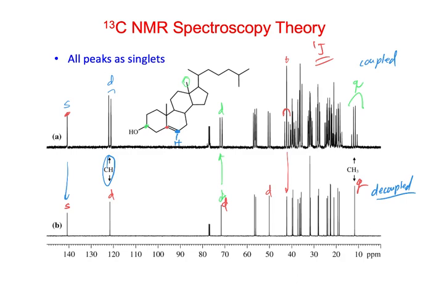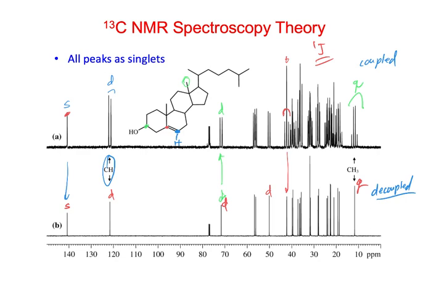So it's telling us how many protons are directly attached to that carbon. Okay, and of course that's the information that we lose when we do the decoupling. But we greatly simplify the spectrum, right? That top one is much gnarlier than the bottom one to try to interpret. All right?